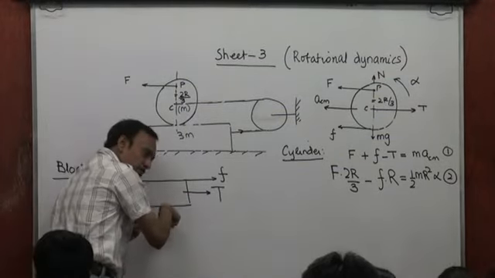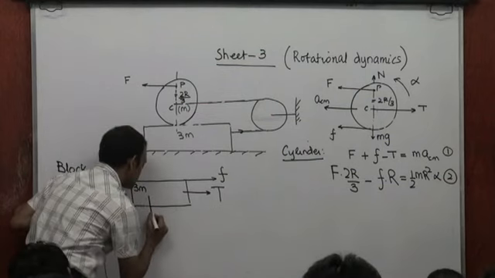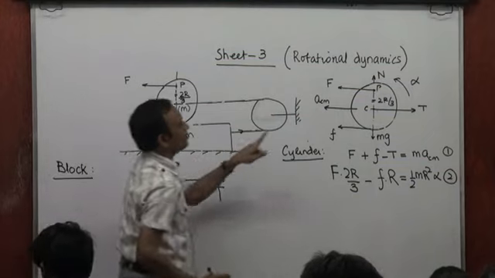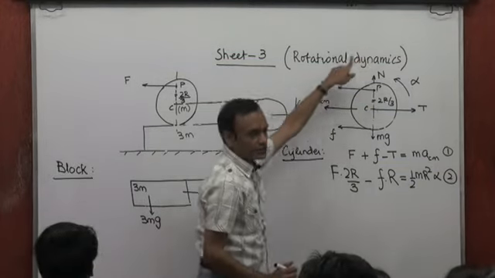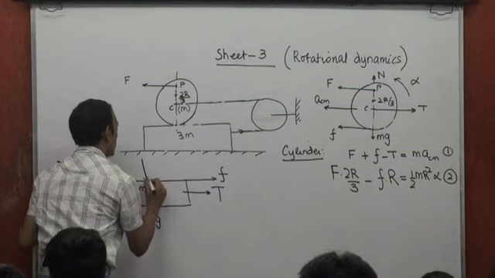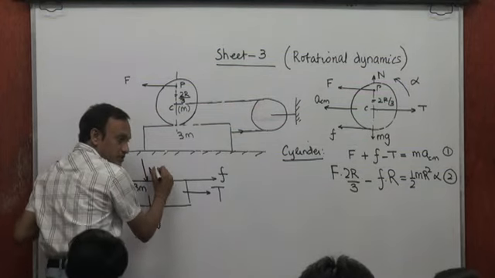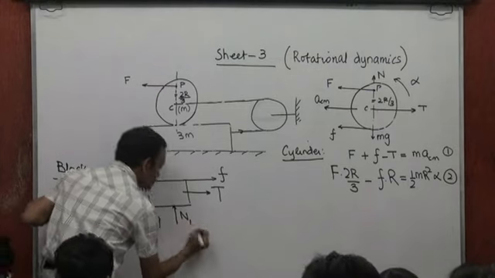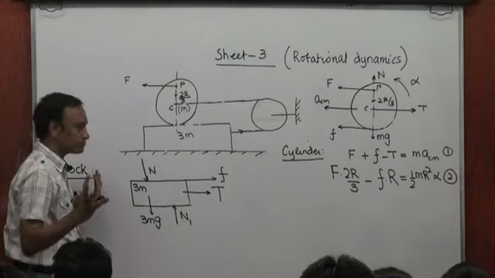Then there is weight of the block acting downwards. If the block exerts on the cylinder a normal reaction upwards, the cylinder will exert on the block a normal reaction N downwards, and the ground will exert a normal reaction, say N1 on the cylinder.